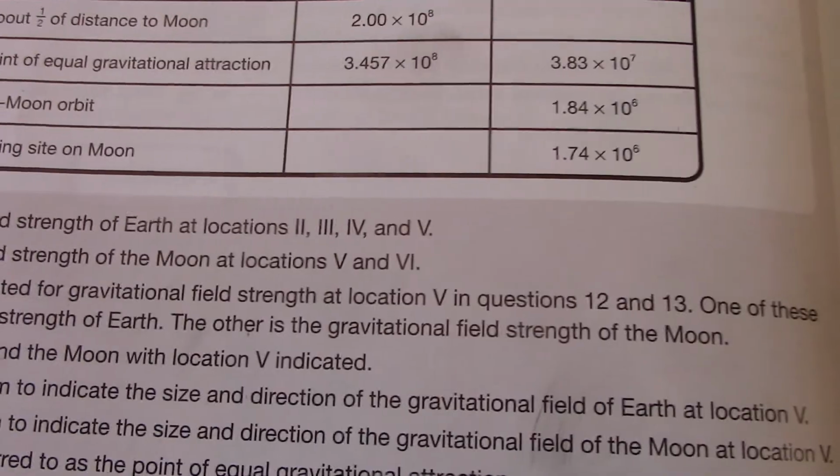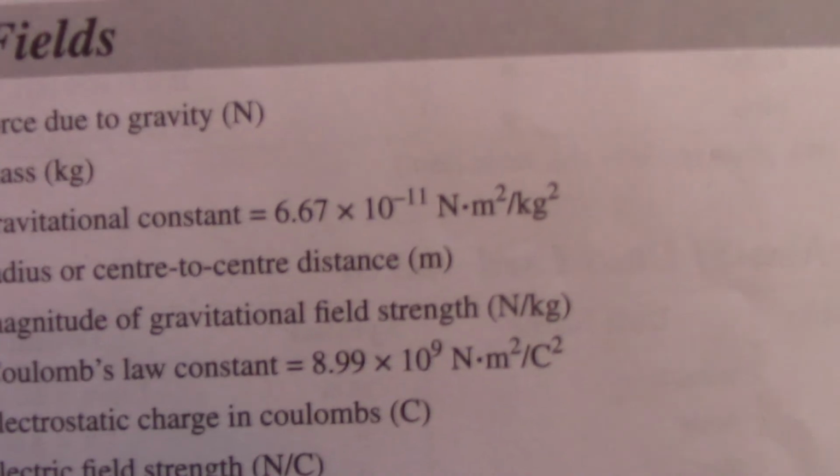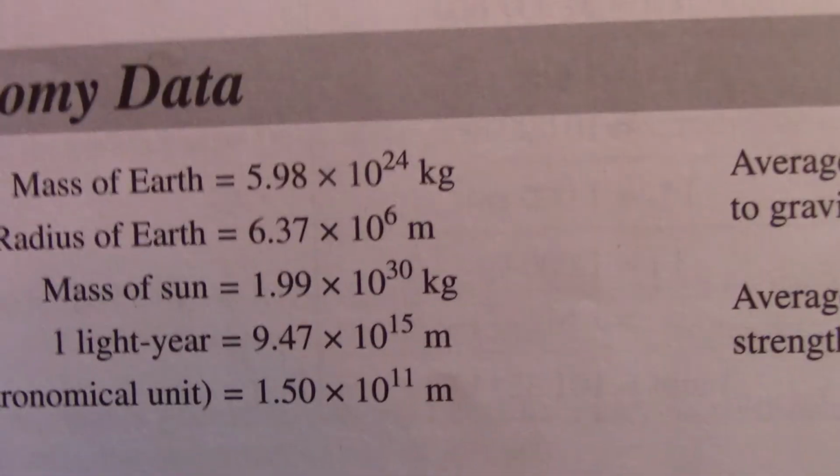To solve for this at location 2 on page 334, it is 2.0 times 10 to the 7th meters away. If I look at my data booklet, big G is 6.67 times 10 to the negative 11. The mass of the Earth is 5.98 times 10 to the 24th kilograms.